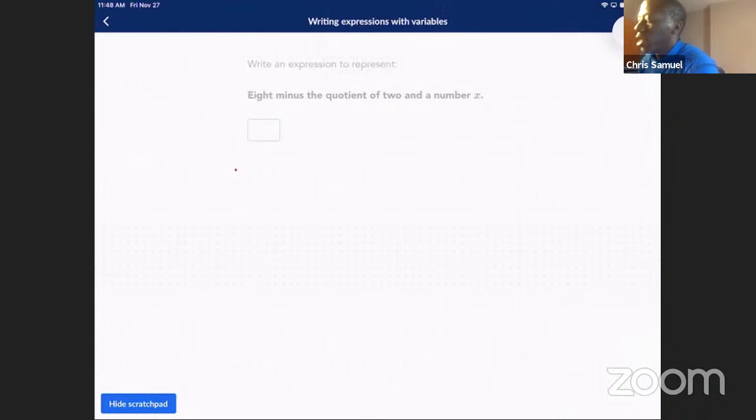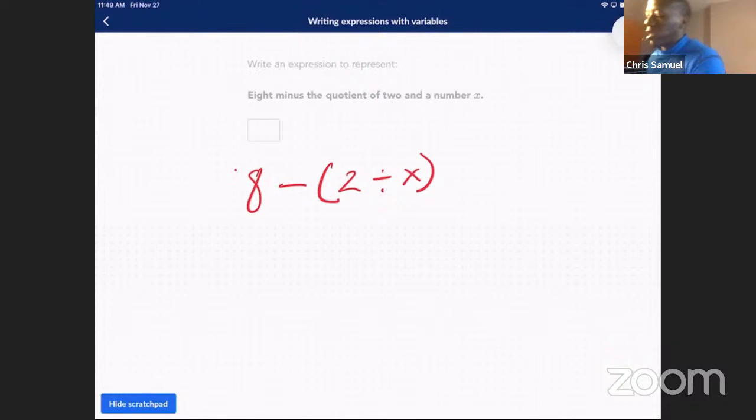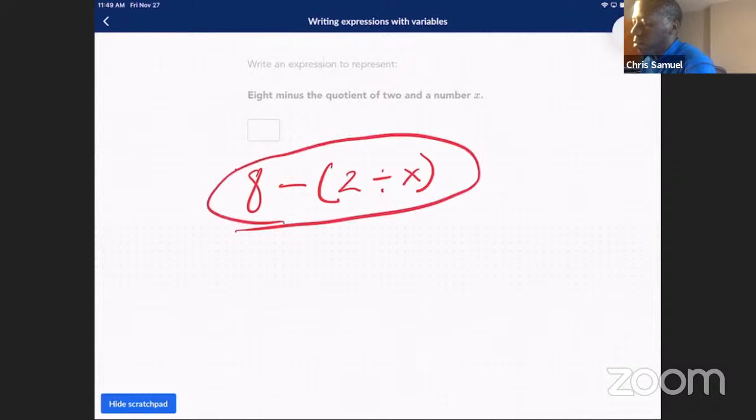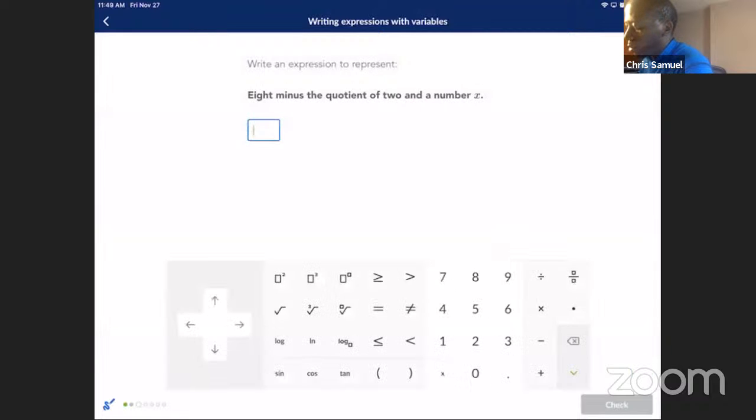So you have 8 minus the quotient of 2 and a number x. So when they say quotient, I think they want me to write it like this. And then it says 8 minus the quotient. So this basically would mean 8 the way I was doing it before.